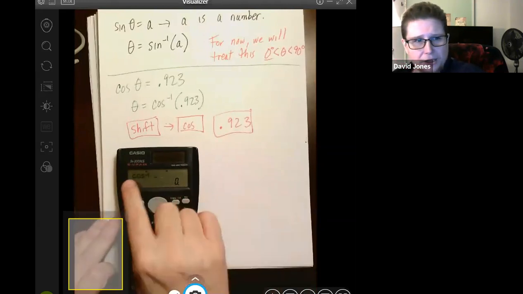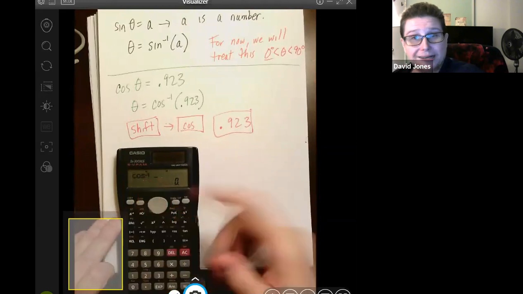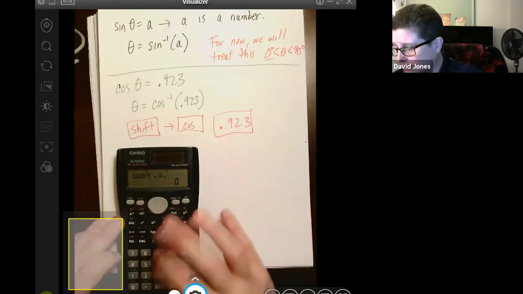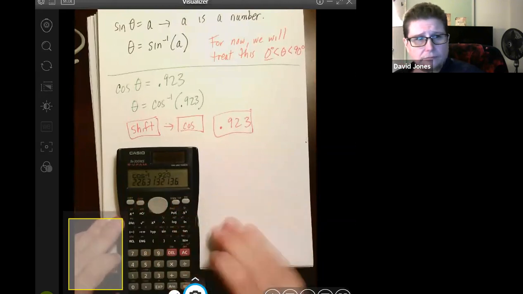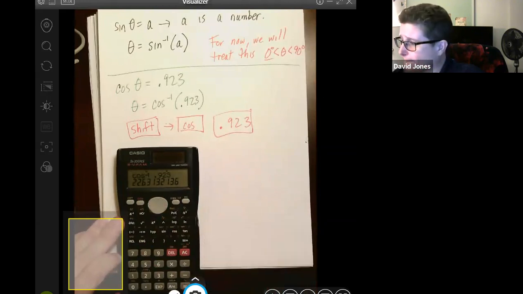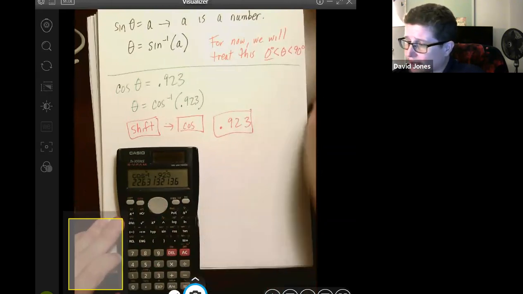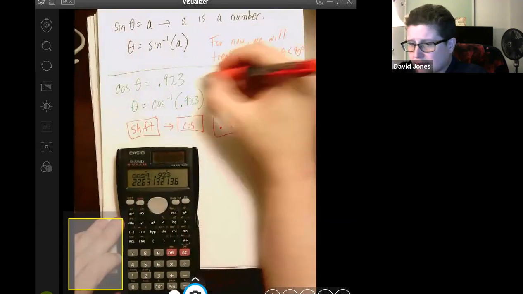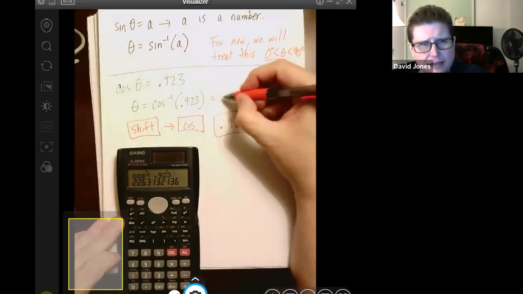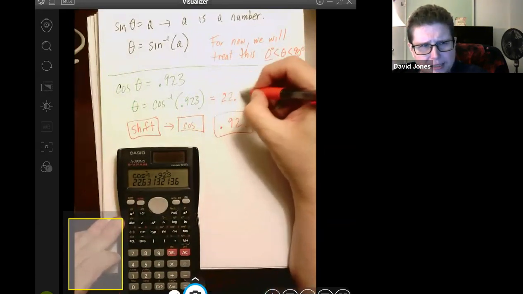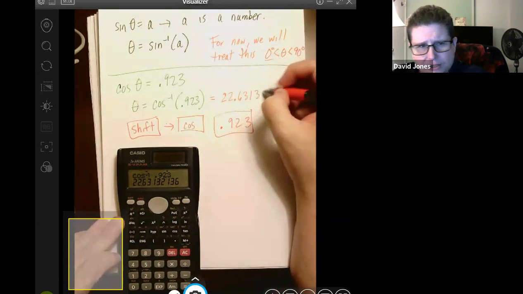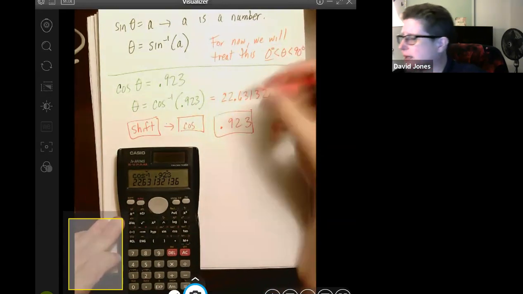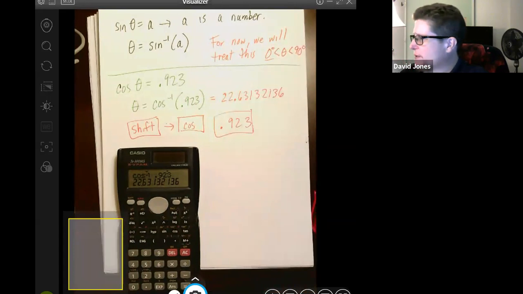Notice it pops up the cosine -1, cosine inverse. Theta equals 22.63132136. And obviously we would round it wherever we want to round it to.